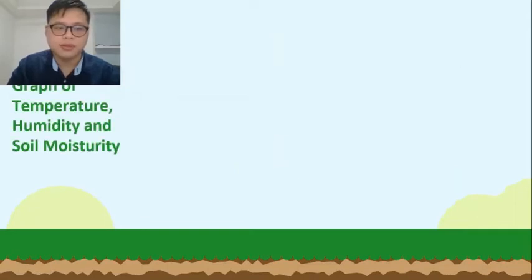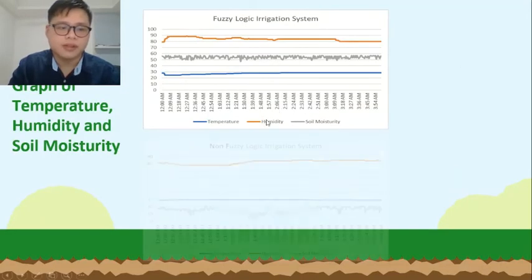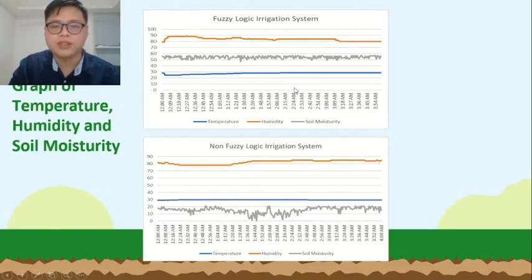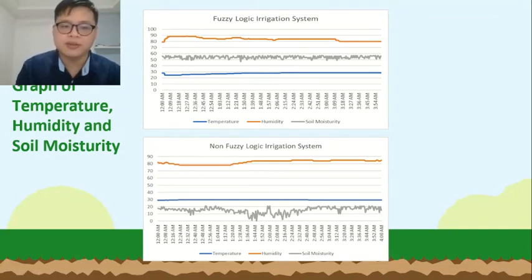Next, we will proceed to the graph of the temperature, humidity, and soil moisture. The graph above is for the fuzzy logic irrigation system. As you can see, the soil moisture will be better, between the range of 50 and 60. For the non-fuzzy logic system, at night the user may be able to monitor the data.